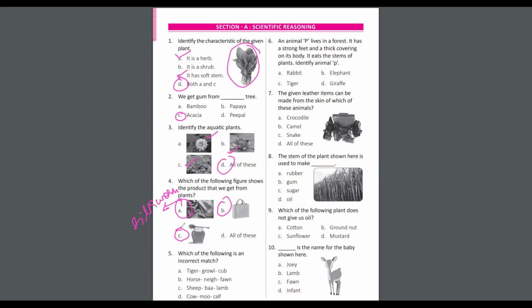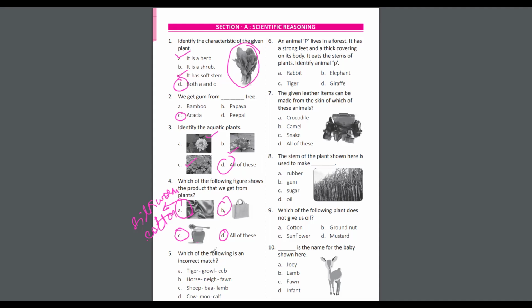But if it is a cotton cloth, we get it from the cotton plant. Okay. So the answer is all of these. If it is not a cotton cloth, then only we can say that these two products are given to us by the plants.